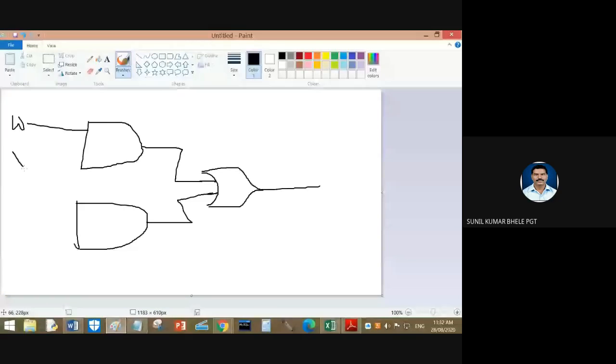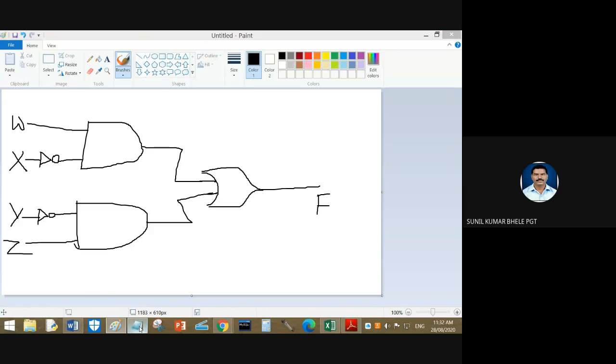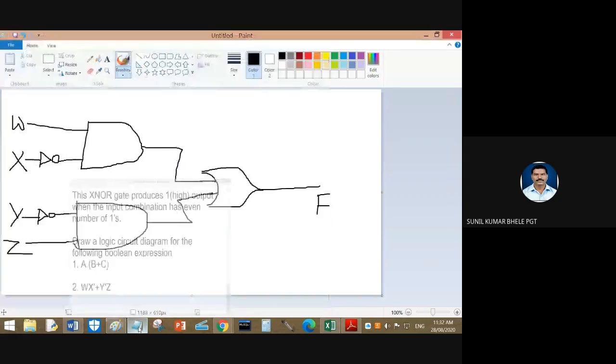You know that the complement of X is denoted by this NOT gate. And then Y complement, and then Z. So this is the logic circuit diagram for this Boolean expression WX complement plus Y complement Z.